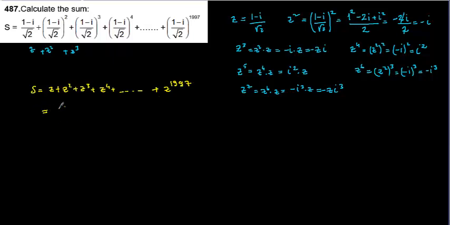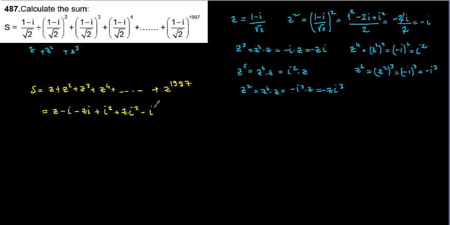The first one is z, and the z square I found is equal to minus i. The third one, z cube, is equal to minus z i. Then the fourth one, z to the power of 4, is equal to i squared, and z to the power of 5 is equal to i squared times z, or z times i squared, whatever, it is the same.